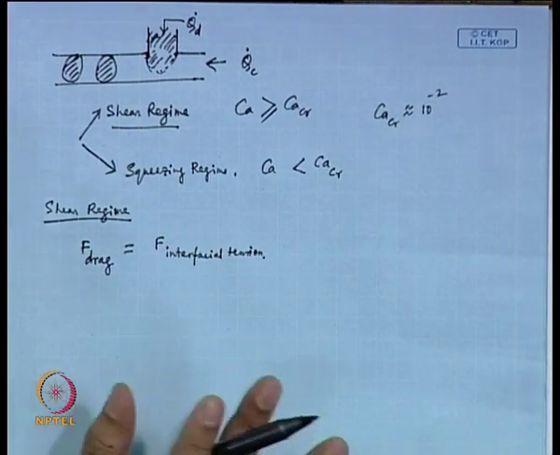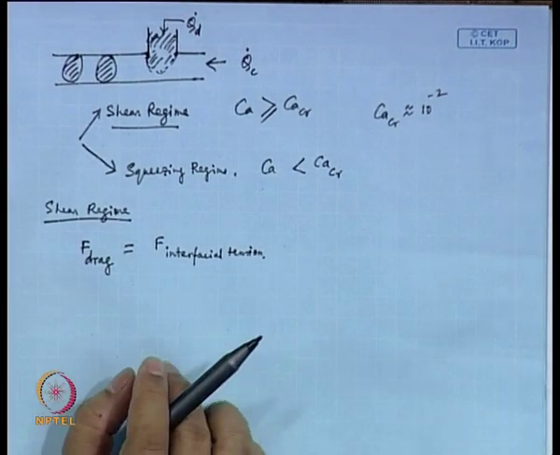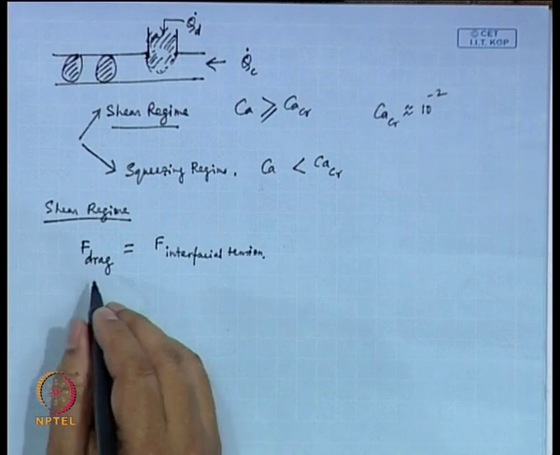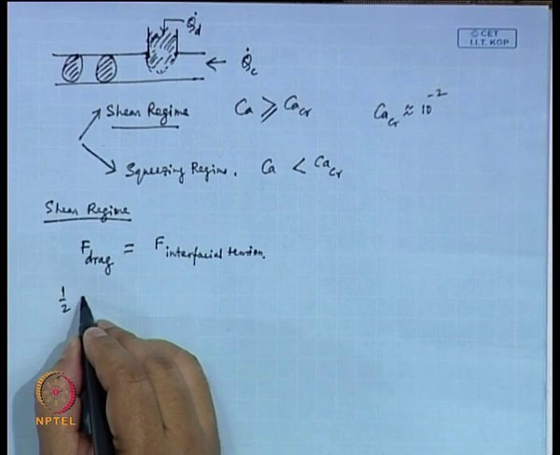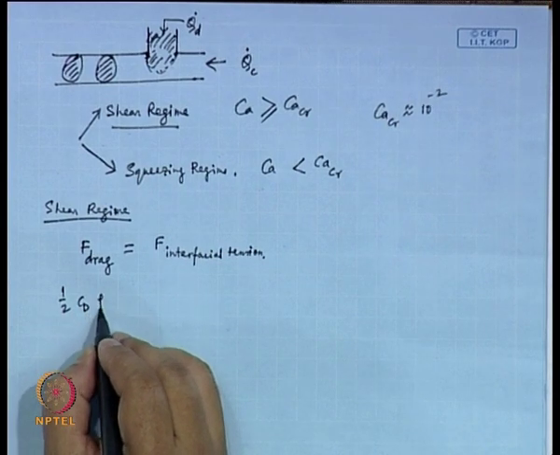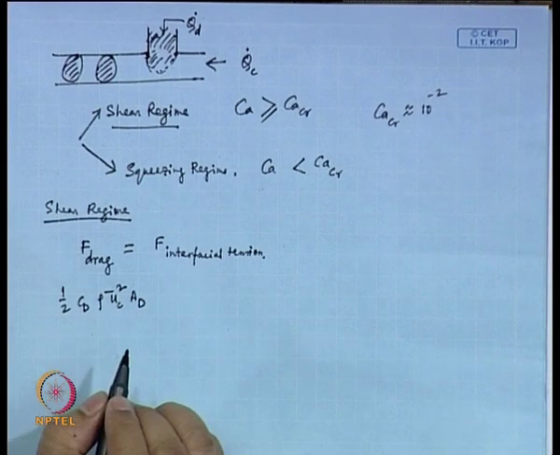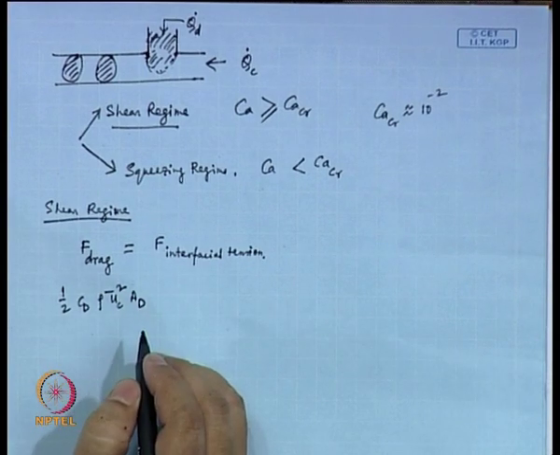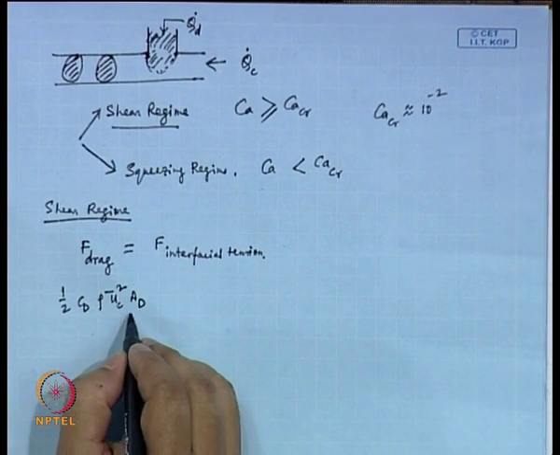This is a common, quick way of finding what would be the diameter of the droplet. Now, drag is typically given by half C D rho U c bar square into A d, where A d is the projected area.